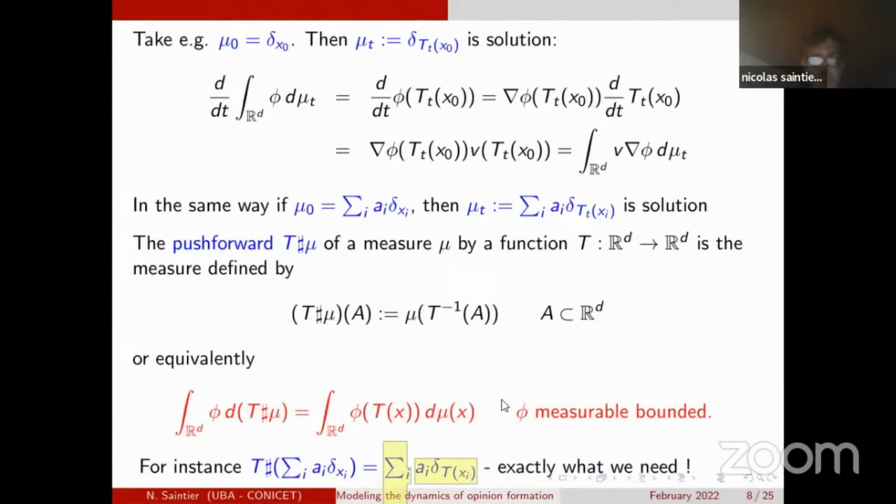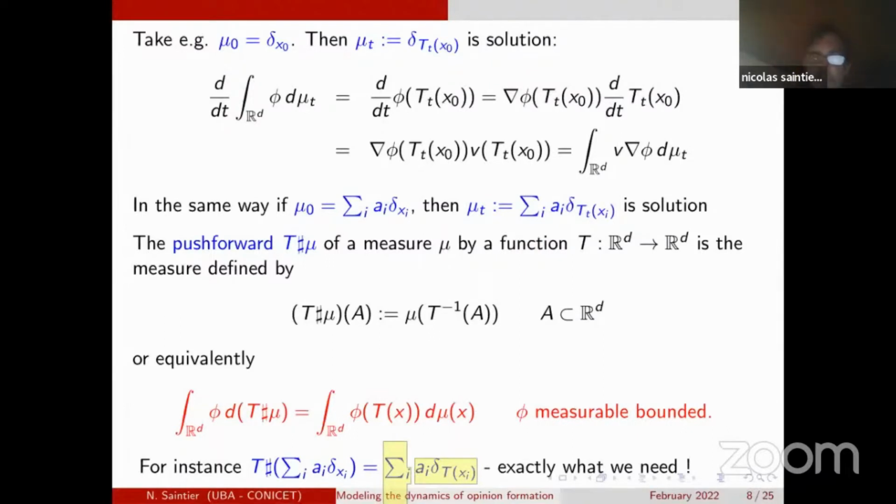Okay, this is just an easy check, really easy using this definition here, nothing else. But let's look at the solution we got before. This solution here is exactly this expression, taking for T the flow T_t, right?